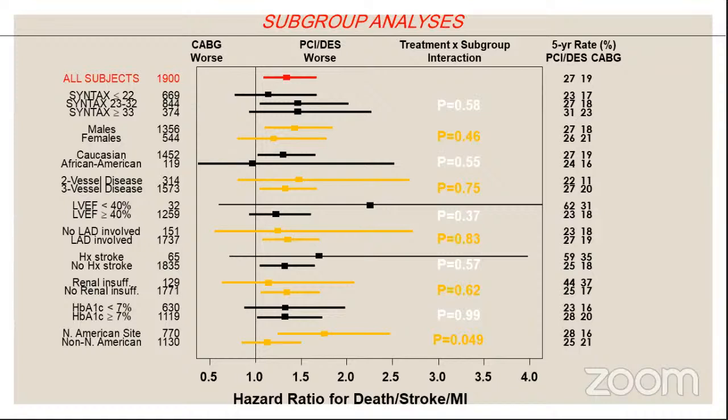Okay, the message in interpreting this kind of graph is that if the line crosses the number 1, it means there is no significant difference. So CABG and PCI for females are the same. The same applies to two-vessel disease, and if the LAD is not involved; there's no difference between PCI and CABG.